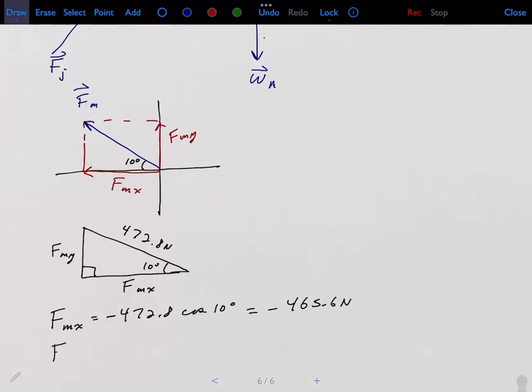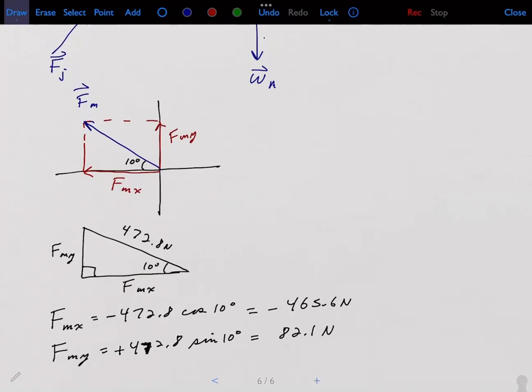And then for the y component, it's going to be 472.8 times sine of 10 degrees, and that is positive. If you work that out, it turns out it's like 82.1 newtons.